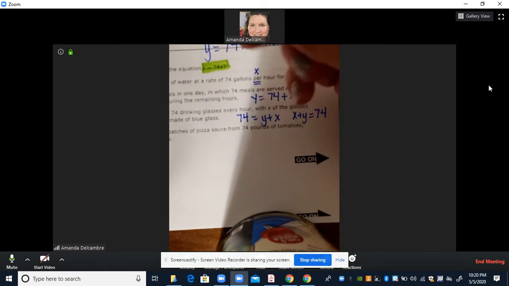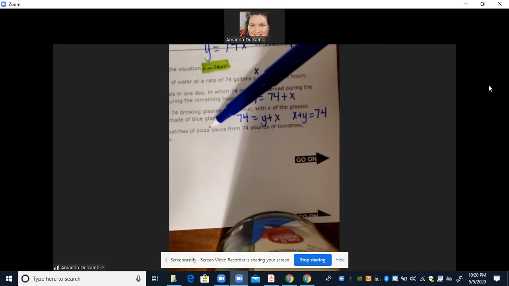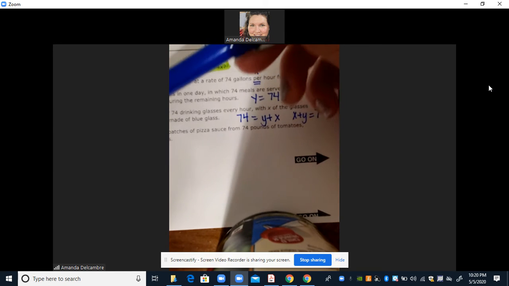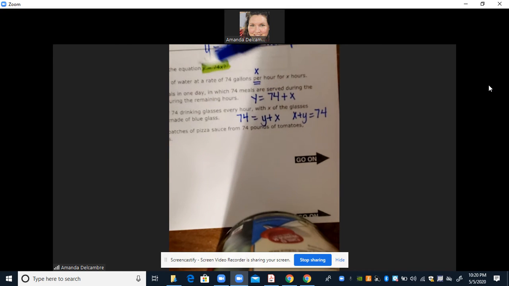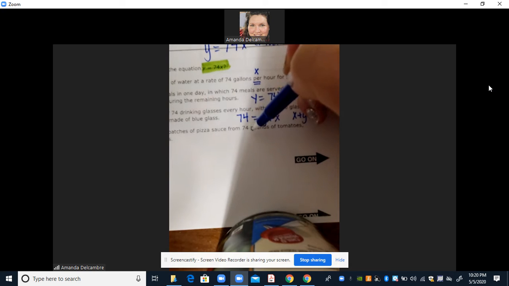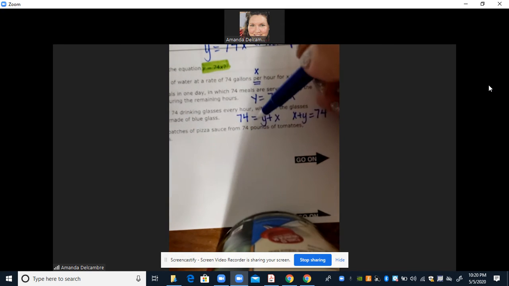Let's look at letter D. A restaurant prepares a total of Y batches of pizza sauce from 74 pounds of tomatoes, with each batch weighing X pounds. So they're taking the batches that they have and they're making that from the 74 pounds of tomatoes by X pounds.